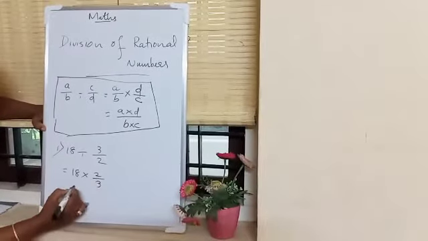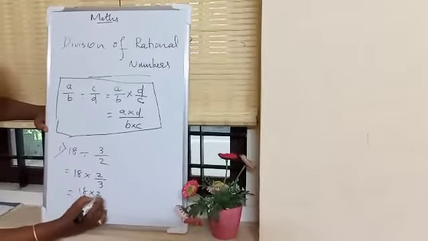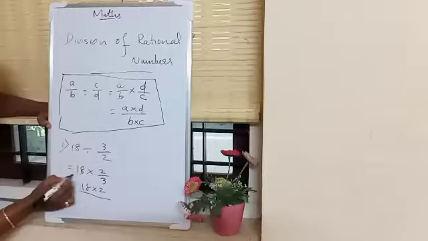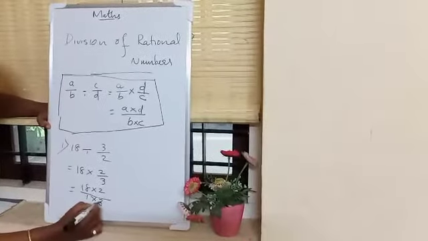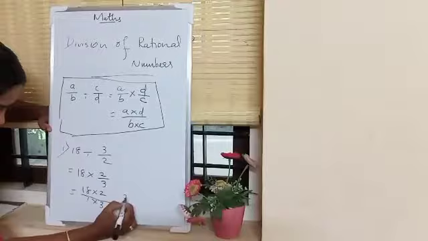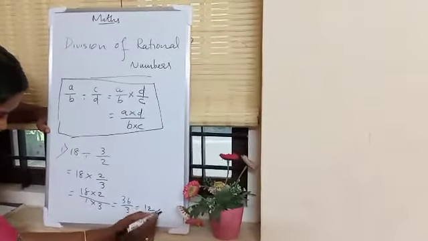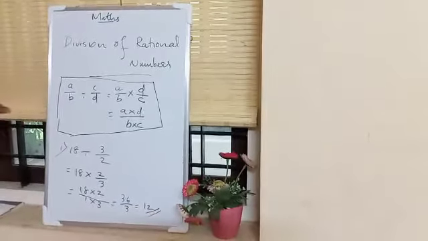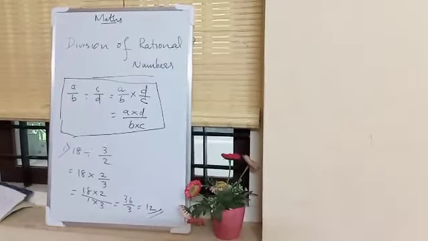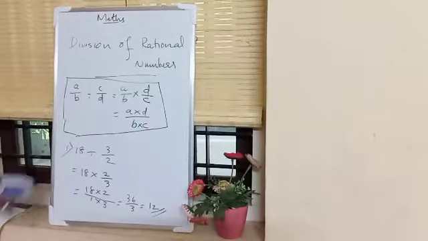Then 18 multiply into numerator and denominator; 18's denominator is 1. 18 into 2 by 3 is 36 by 3, that is 12. Okay, you must write in your notebook this division of rational numbers.